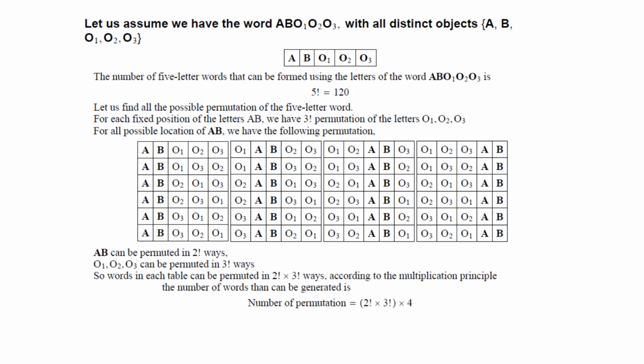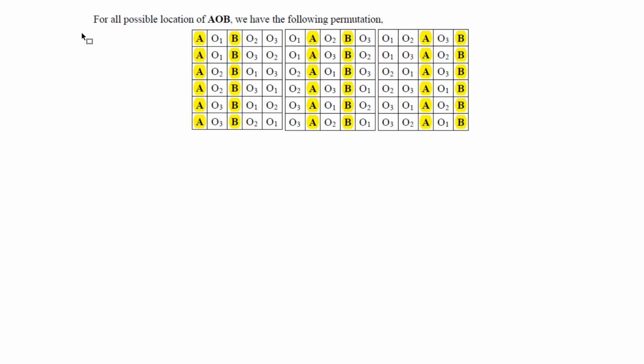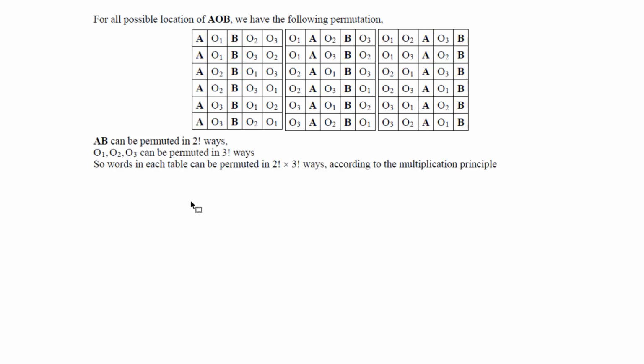And for 4 tables, the number of words that can be generated is 4 tables times 2 factorial times 3 factorial. Now for all possible location of O space B, we have the following permutation. So we have here 3 tables, and the number of words that can be generated following the previous judgment is going to be 3 tables times 2 factorial times 3 factorial.